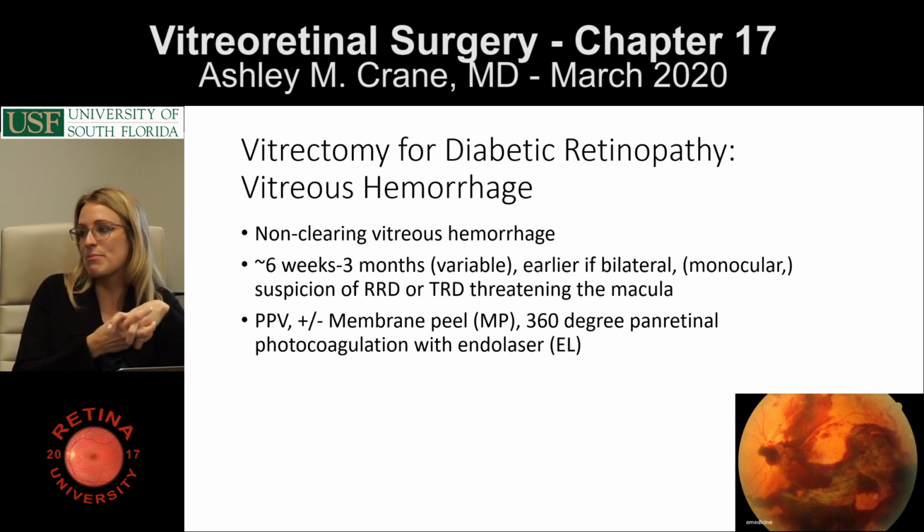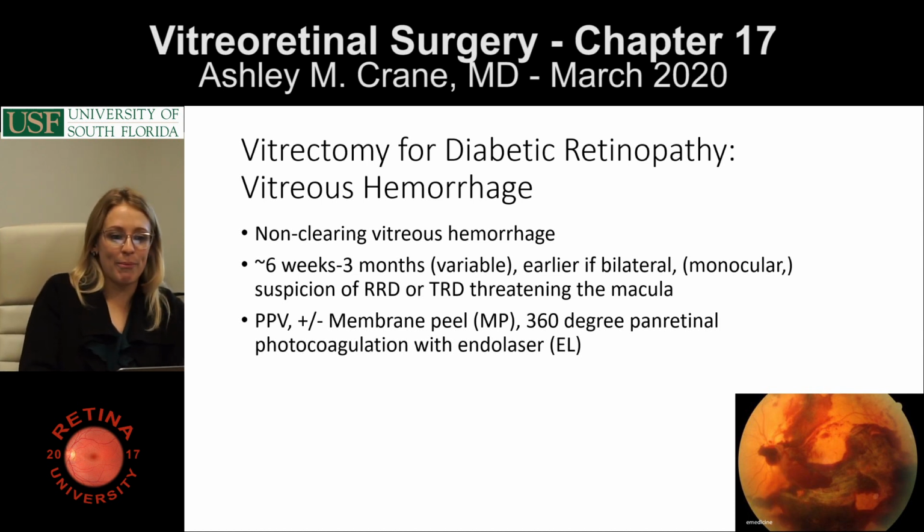So sometimes it's better to just take them, remove the hemorrhage, lift the hyaloid, which can decrease your risk for tractional detachment, and put in a full PRP at that time, and then they don't have to be treated again. Some people even would peel the ILM at that moment, which I usually wouldn't do on that surgery, but a lot of people might. And then, if they've had cataract surgery, that's it.